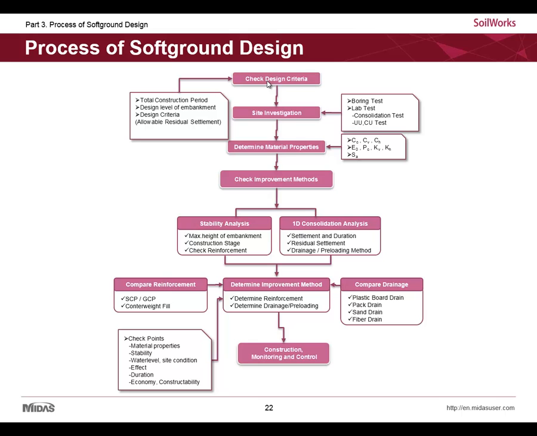And we have to investigate the site condition to get these kinds of analysis and design parameters. And we will compare various alternative improvement methods in terms of consolidation and embankment stability. And then we will be able to make a decision what is the optimum improvement method for this site.